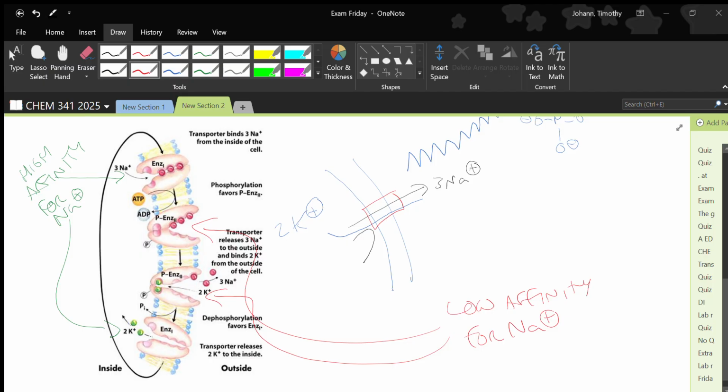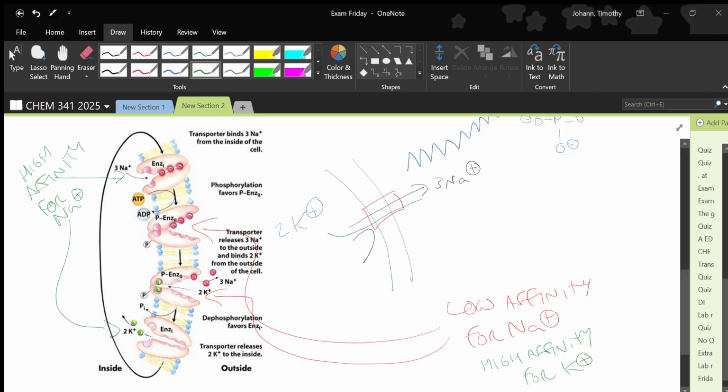Okay. So we're open to the outside. Now we release those sodiums. At the same time, the reverse is happening. When we have low affinity for sodium, we have a high affinity for potassium.